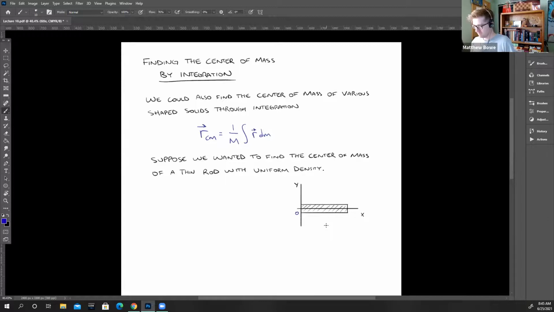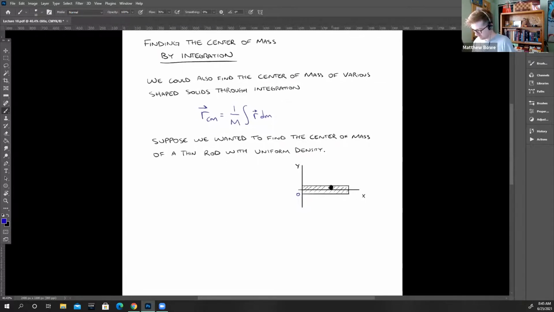To start out, we need to look at this picture and reason what we're trying to do. Let me try to reason through this. So we want to find a slice, just a small slice of this thin rod of uniform density.